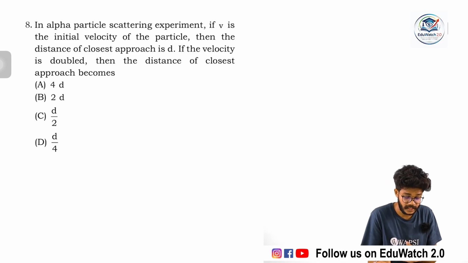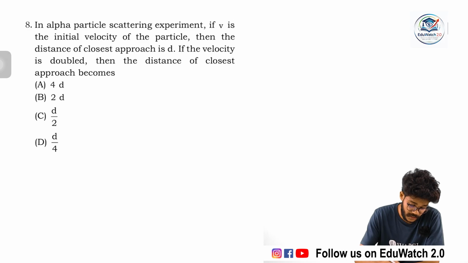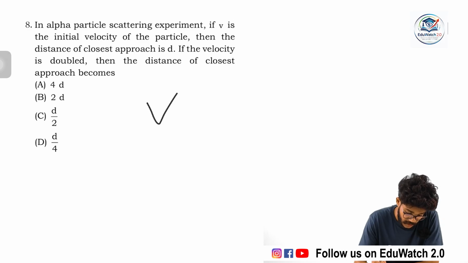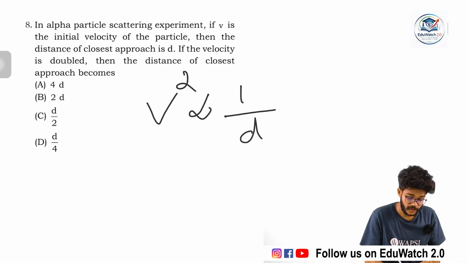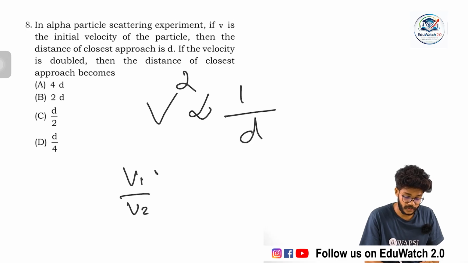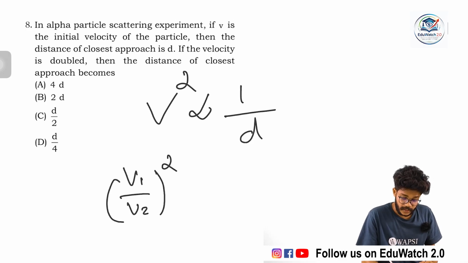The relation is that velocity square is inversely proportional to the distance of closest approach. So v1 by v2 the whole square is proportional to d2 by d1.